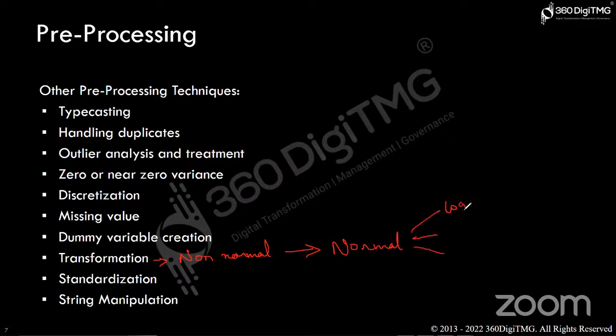The most famous one is log transformation, in which we take the log of the input and do the EDA again. Generally we find this to be very good. There are multiple other ways, but two more interesting ones are Box-Cox and Johnson's method. They are the most successful methods for transforming non-normal data to normal data.